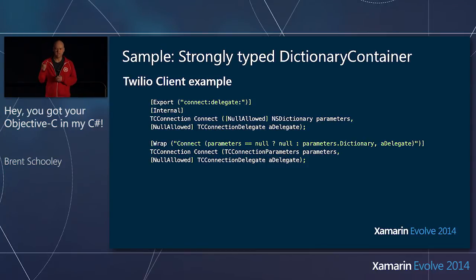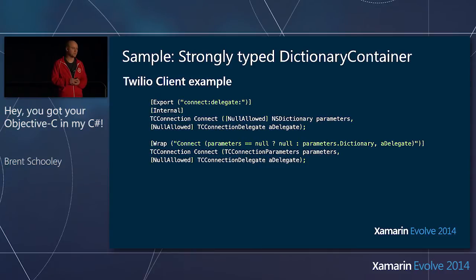And instead of taking the NSDictionary, we're actually going to take our TC connection parameters object in as the parameters instead. And the cool thing with the wrap attribute is you actually call the method sort of in this. So on the first parameter, we check, since it's null allowed, we say, hey, do we have parameters? If we don't, null's fine. Go ahead and pass it through. In this case, it actually won't work, so you probably wouldn't want to do that.